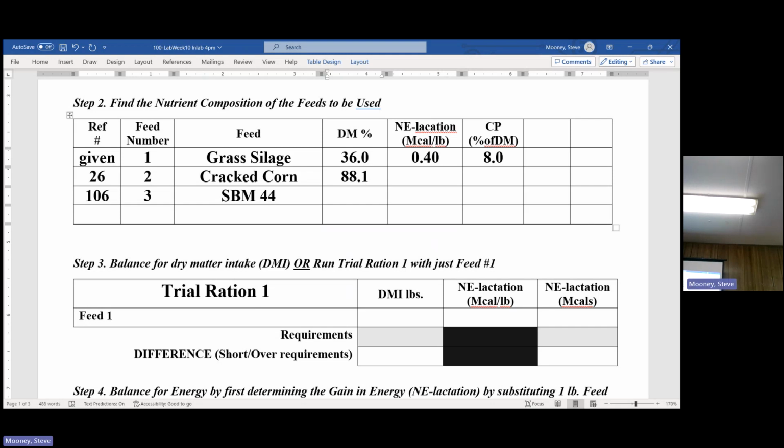Which column are we using? 3x, so net NEL, 3x. What is our energy value? 1.91. Does everybody agree with that?